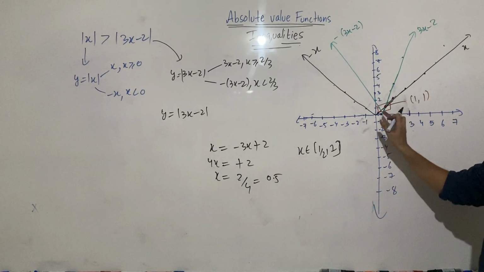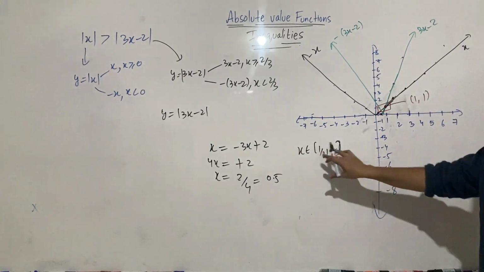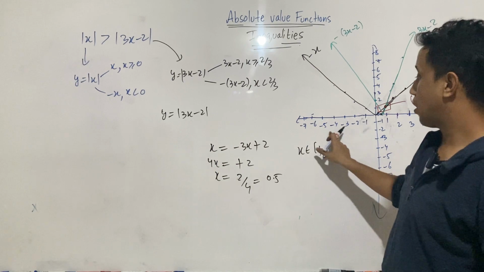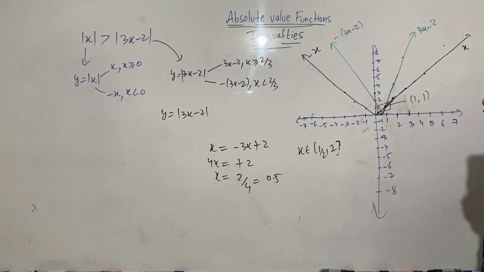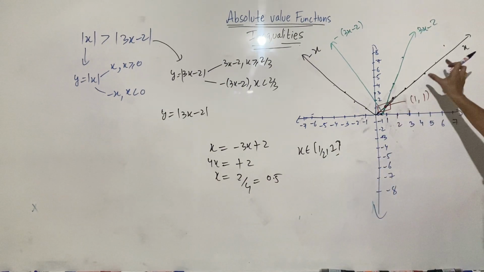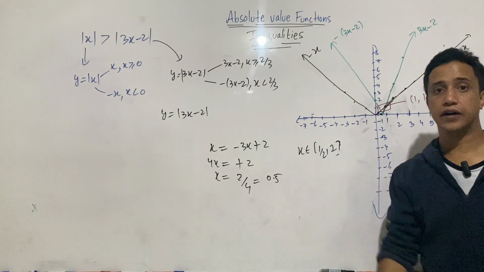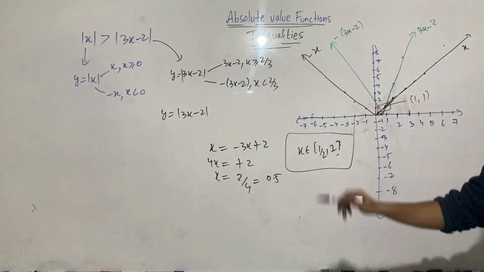So this is going to be the domain of x, because if you put any point that lies between these two values, then for those values the black curve is going to stay above the green curve. So I hope you understand it.